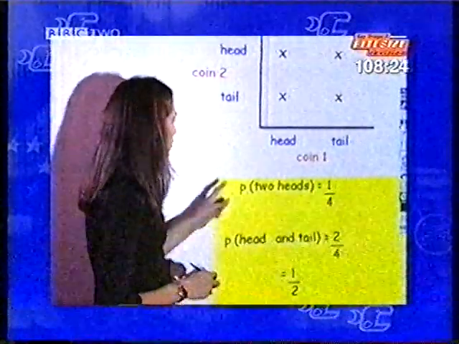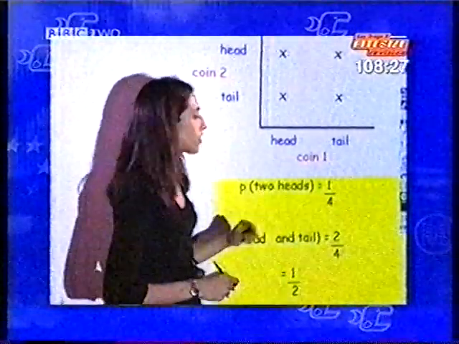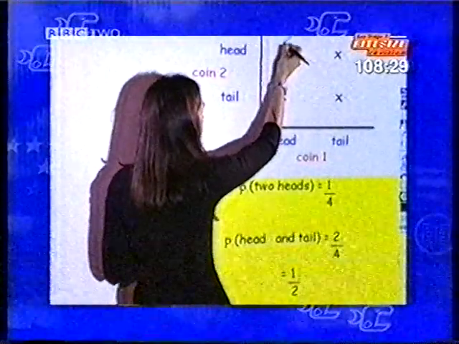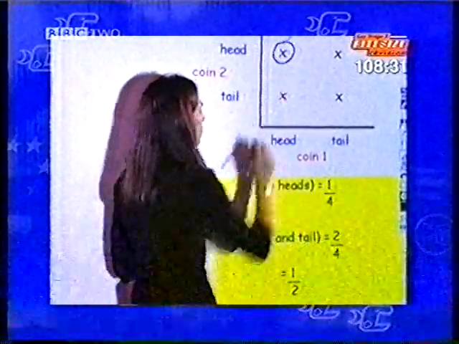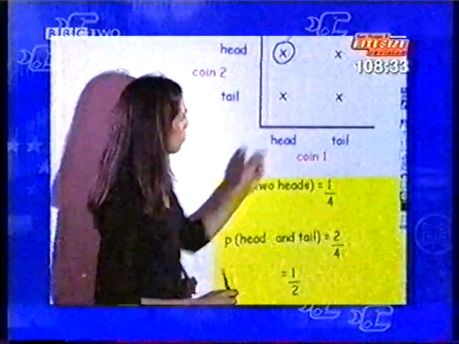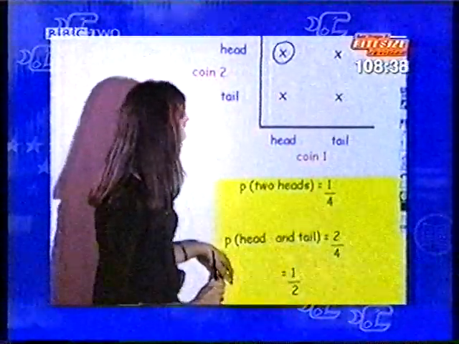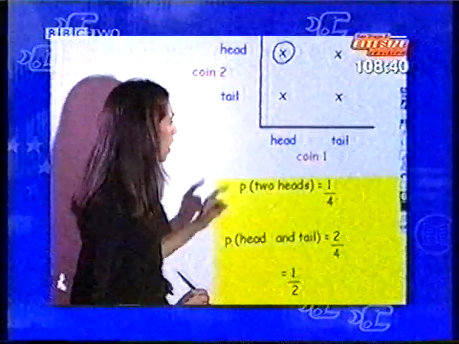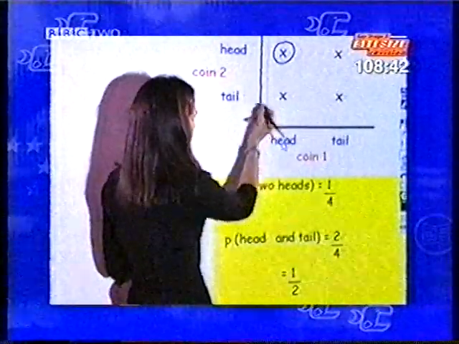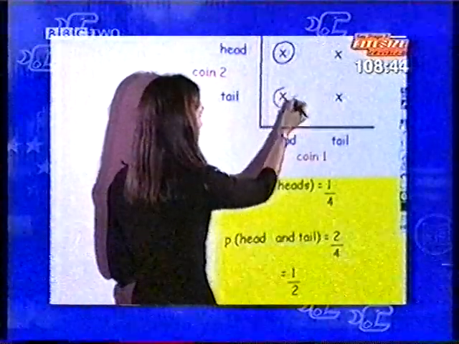Now, if I want to find the probability of getting 2 heads, that would be 1 out of 4. If I want to find the probability of getting a head and a tail, I've got the chance of getting a head and a tail here, that's 1.